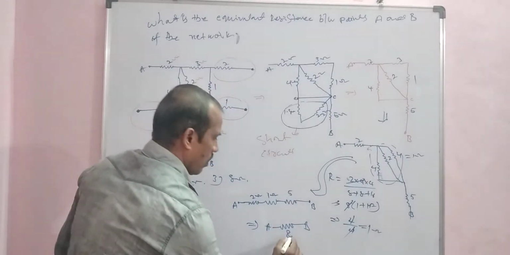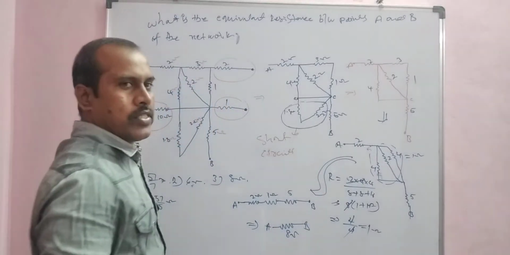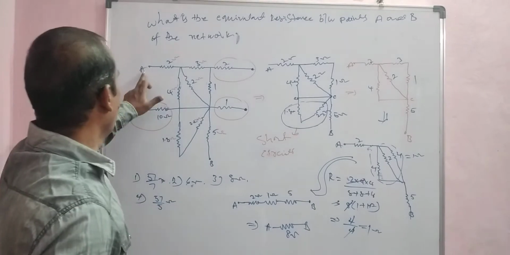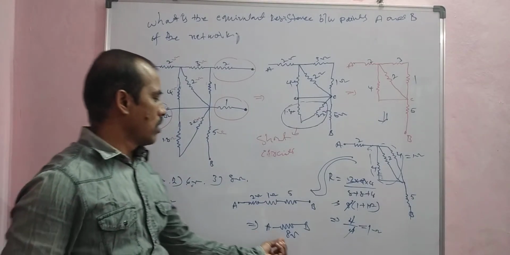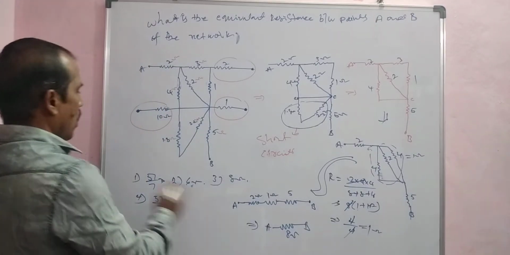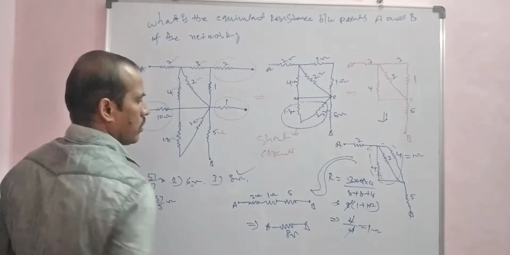So finally the effective resistance between A and B is 8 ohm.